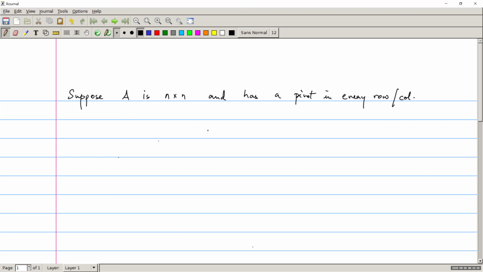Okay, you tell me what the size of B should be. A is n by n. The identity matrix is the reduced row echelon form of A, so what will be the size of this identity matrix? n by n. What should be the size of B then? Why?